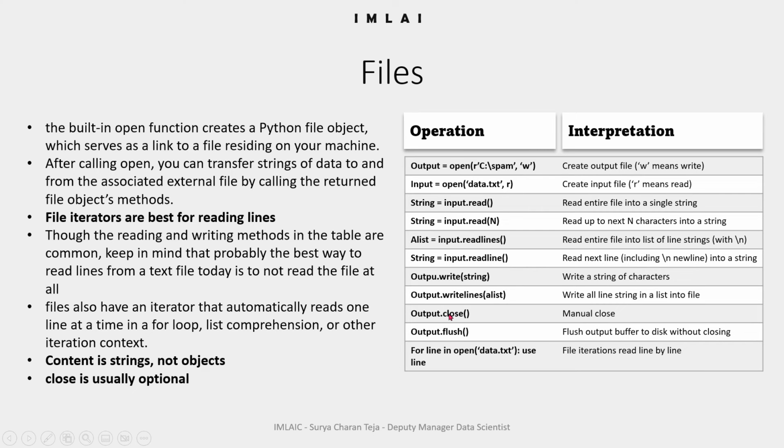If you use the close method, it manually closes the file. It is optional. If you don't close it, it will still be closed. And flush will flush the output buffer to disk without closing it. And if you use a for loop, you can do the file iteration line by line.